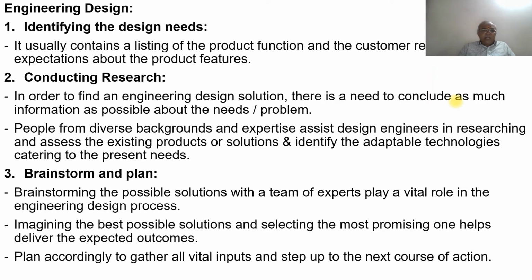Then in step number 3, brainstorm and plan. Brainstorming the possible solutions with a team of experts plays a vital role in the engineering design process. That means all the possible solutions that can be incorporated on that particular product, by sitting with a set of experts and discussing the problems and the product.